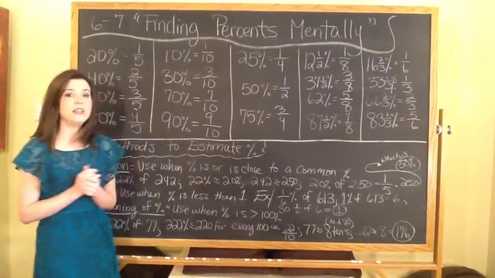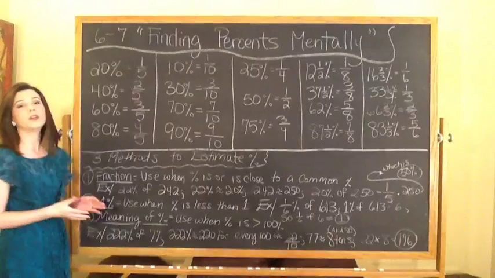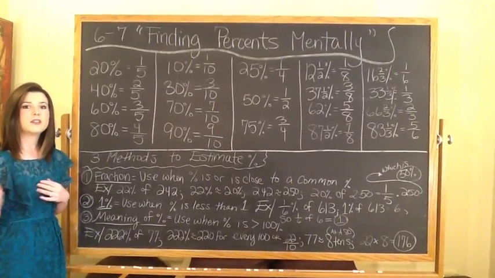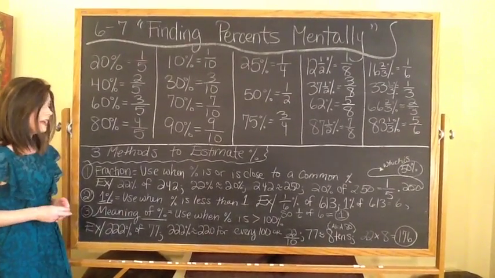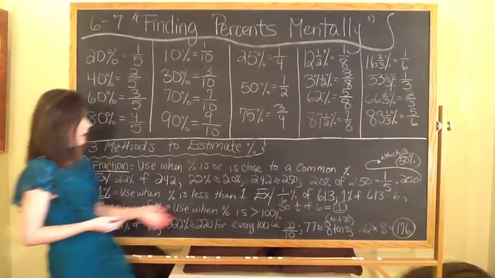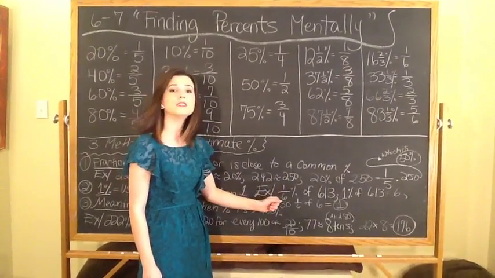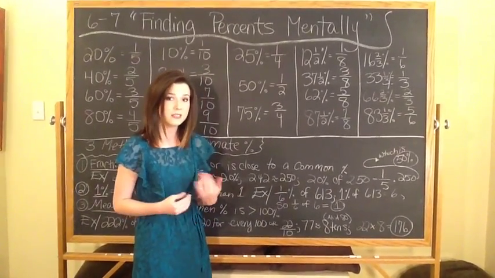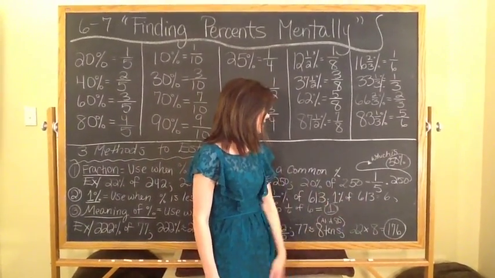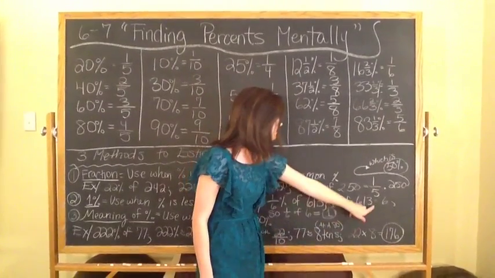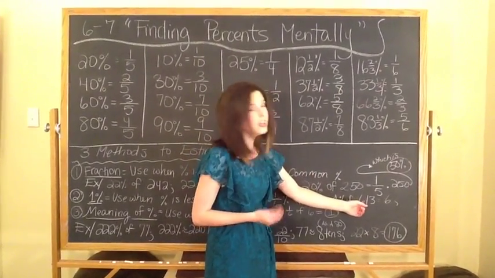Another way of finding percents quickly is by using the 1% method. With this method, we find 1% of the number, and then use the fraction percents. This is really useful when the percent is less than 1, like, for example, 1/6% of 613. See how this fraction percent is less than 1%? This is when you would use this method. First you figure out what 1% of 613 is, which means you move the decimal 2 places to the left, just as if you were changing a percent to a decimal.